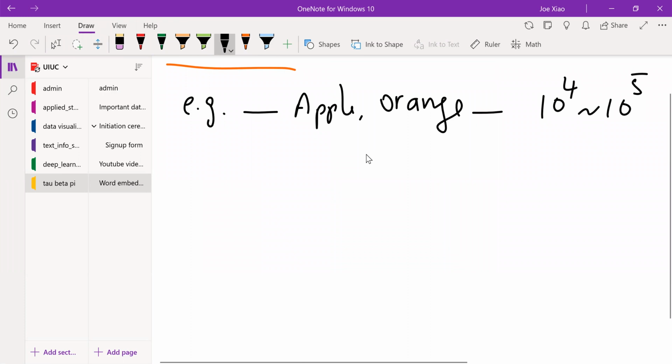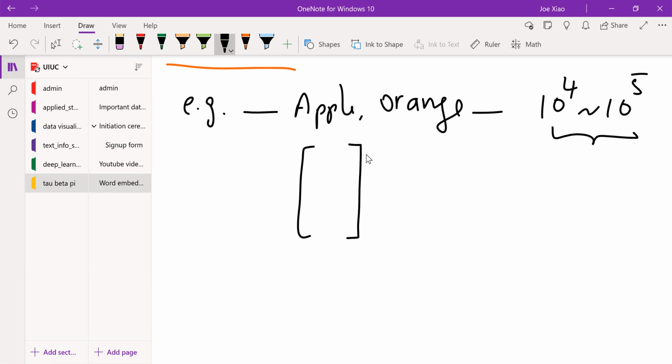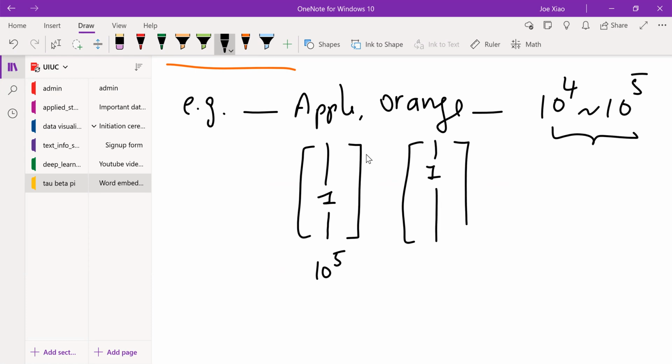One way is to represent each word in the vocabulary as an element in a vector. So essentially, we can represent apple as a vector of size, let's say 10 to the 5, where every position is 0 except for where the word apple appears. Similarly, for orange, we can do that as well. Maybe orange is here, and then everything else is zeros.